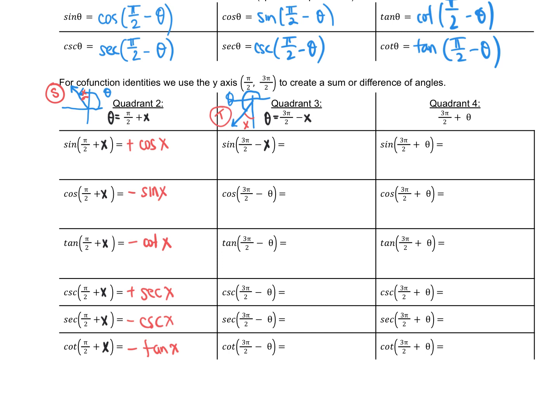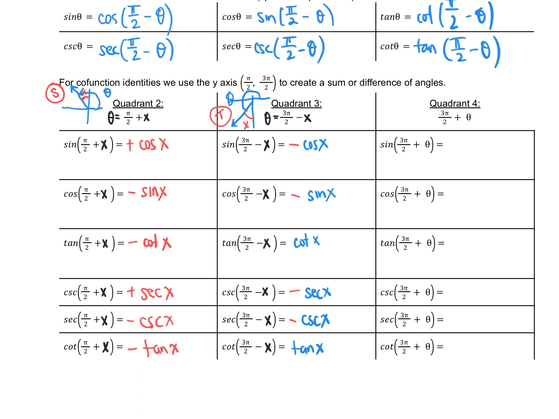So I will expect sine and cos to be negative and their reciprocals to be negative, but tan and cotangent will have positive ratios. And then the same complementary connection: sine with cos, cos with sine, tan with cotangent, but it's going to be positive. Cosecant with secant, secant with cosecant, and cotangent with tangent.